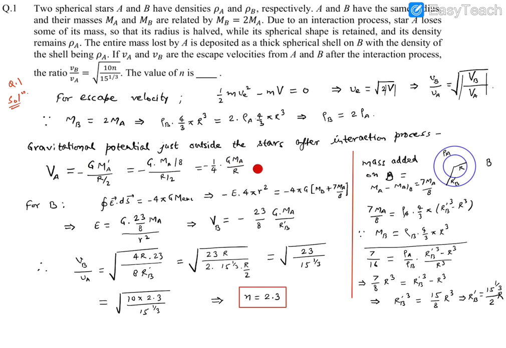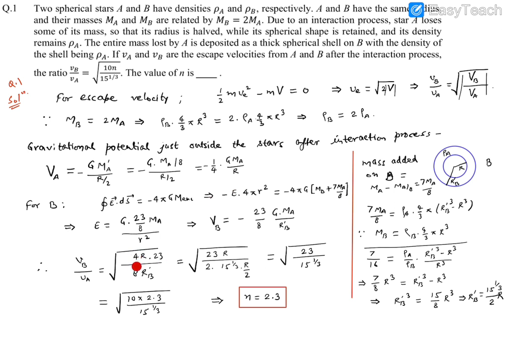This was the potential just outside star A. Now since we know VB upon VA is equal to the ratio of these, we need to work on the ratio, and then there is a square root. When we divide VB with this, GMA upon GMA gets cancelled out, and it will be 23 divided by 8 r'B, and the downside will be GMA, which is cancelled out.